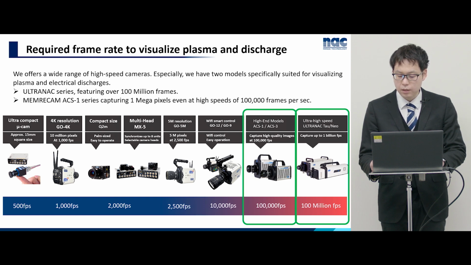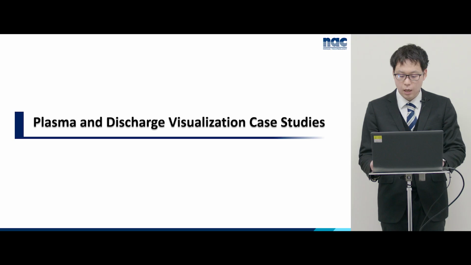Combining our optical design technology with custom sensors, it enables ultra-high-speed capture of the 12 frames at intervals as short as 1 nanosec. I will introduce examples of the plasma and electrical discharges.